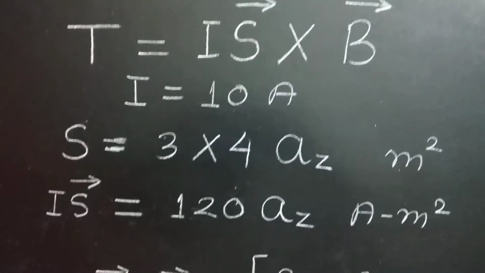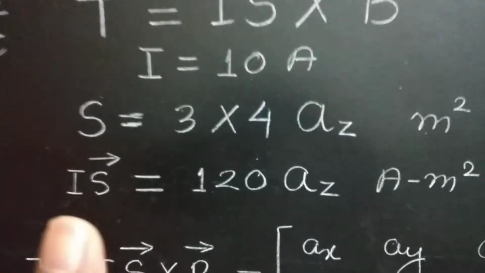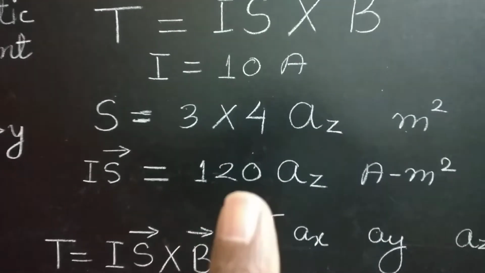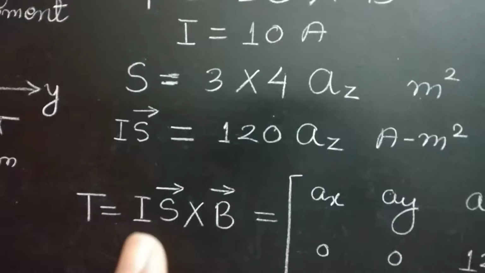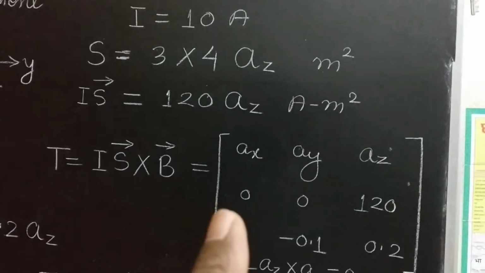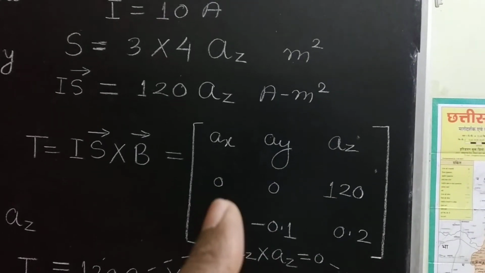This is very important. Thus IS will be equal to 10 into 3 into 4, that is 120 AZ ampere meter square. Now the torque will be IS cross B, which may be written in the matrix form with AX, AY, AZ.